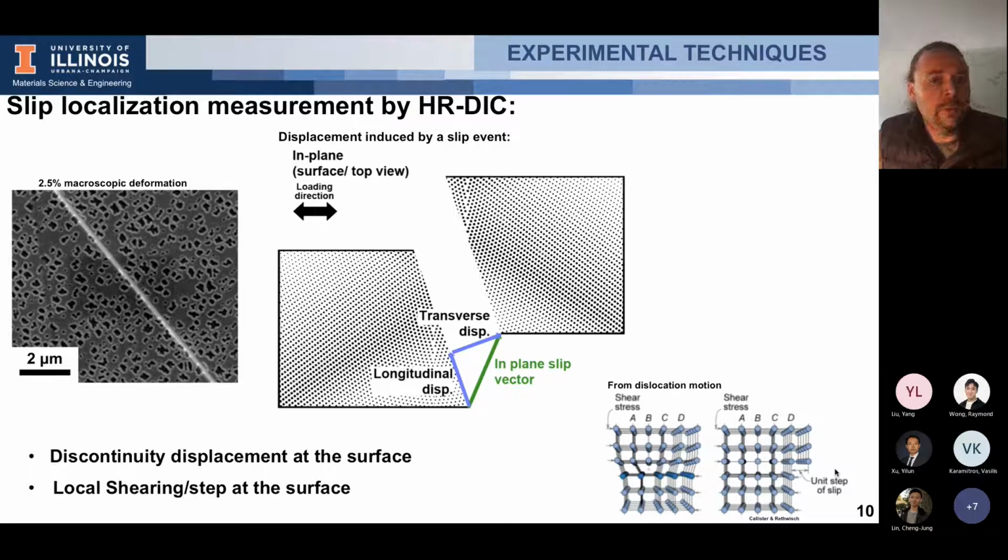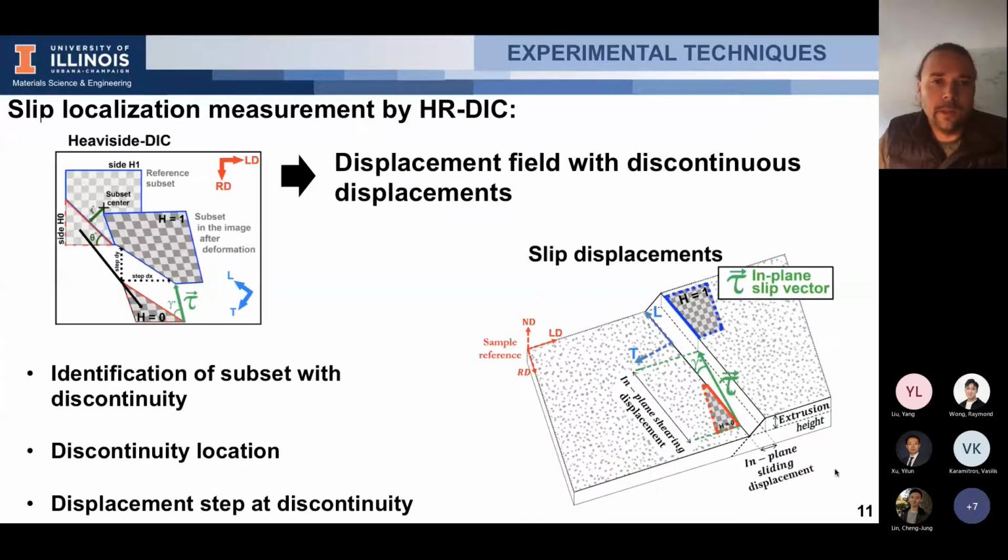So we did develop a code to capture this discontinuity. And one of the advantages of using this advanced code is that you can quantify the displacement induced by slip. This code is what we call the heaviside DIC. It's actually quite simple: during DIC, the subset is at a very small scale, and you divide this subset into multiple parts.